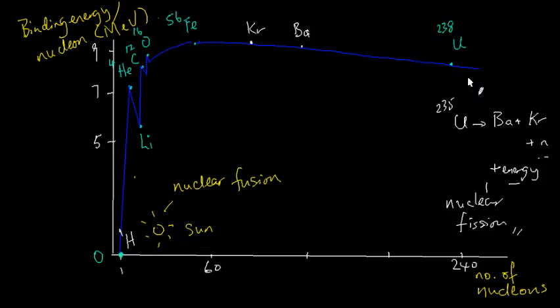So what you can see from this graph is that if an element somehow moves, either by fusing together or by splitting apart, towards products which are closer to the top of the graph, then energy can be given out.